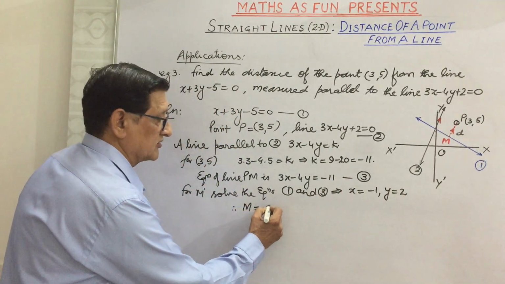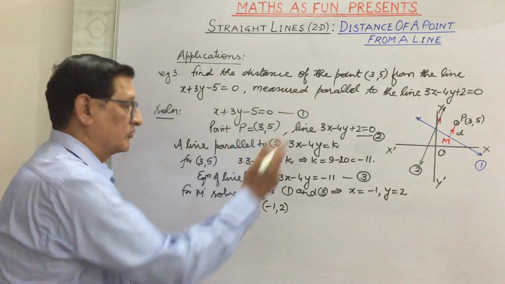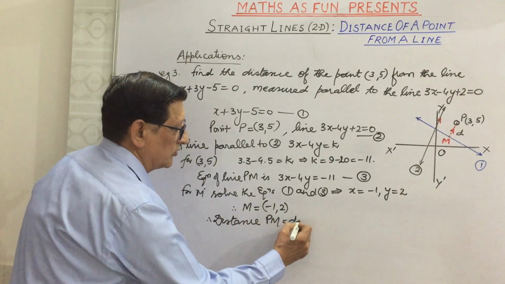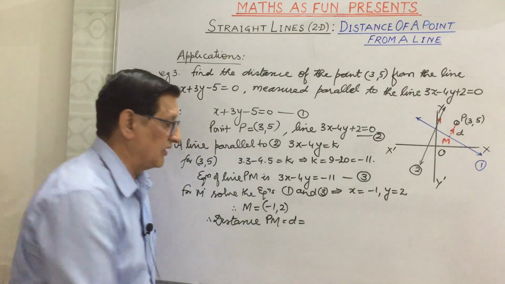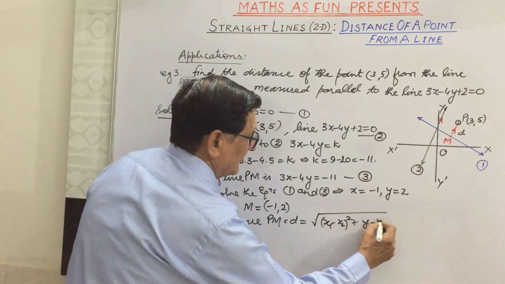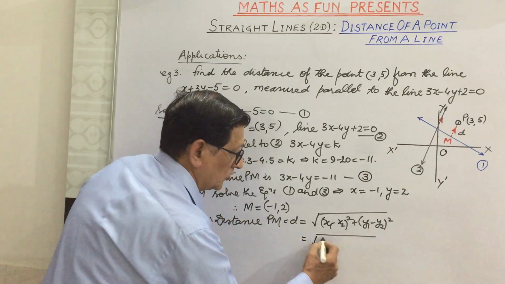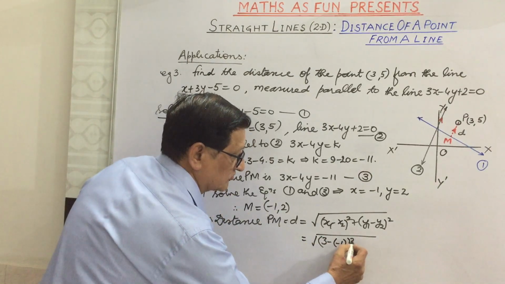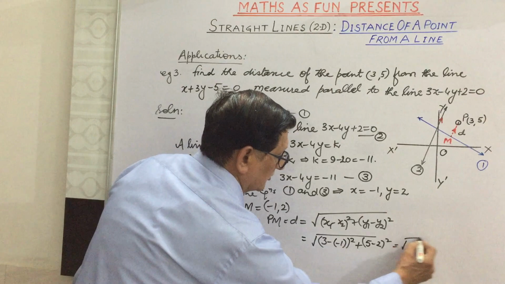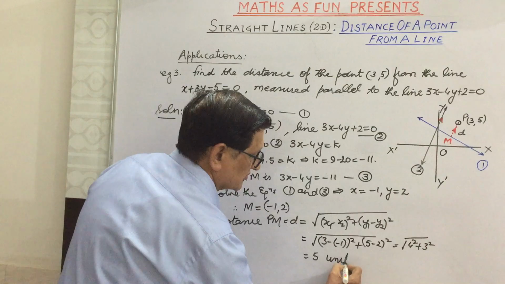Therefore, point M is minus 1, 2. And then we can find out the distance. Therefore, distance PM, that is equal to D, we can find using the distance formula, that is root of x1 minus x2 square plus y1 minus y2 square. Substituting the values, we get here root of 3 minus minus 1 square plus 5 minus 2 square, that is root of 4 square plus 3 square, which is equal to 5 units.